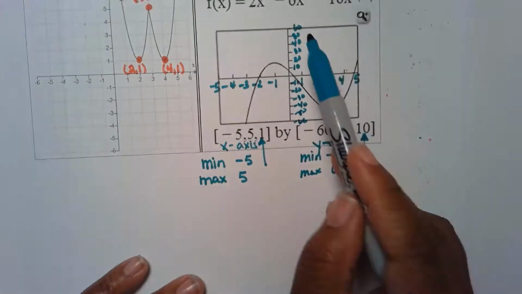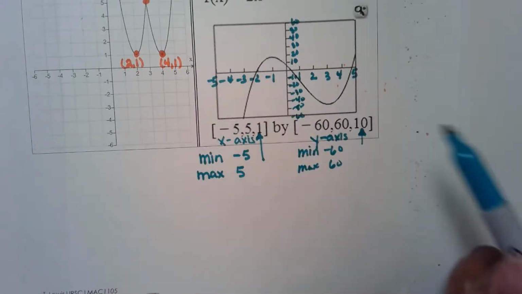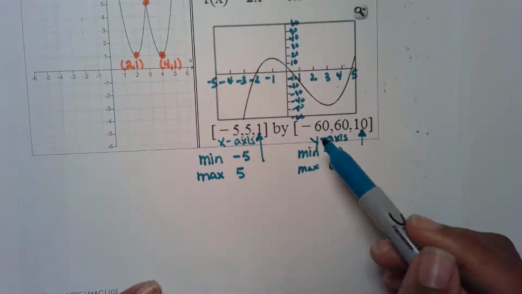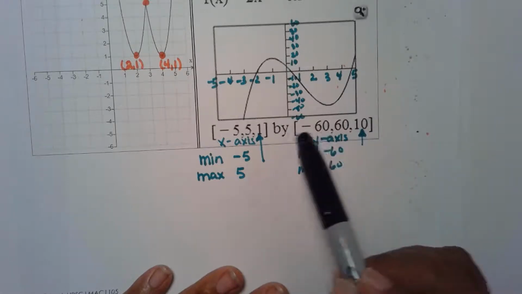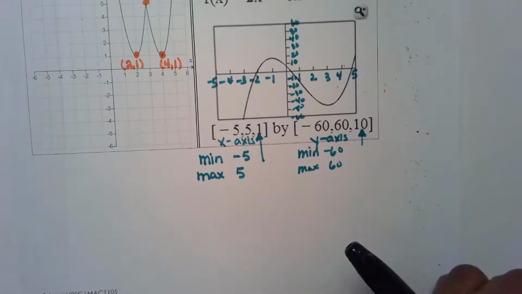So now it's saying, given this graph, what would be the highest value? What would be the relative minimum? What would be the relative maximum? We don't know what that is, so we're going to have to figure this out. Tell me what is the x value for the highest point that you see here.